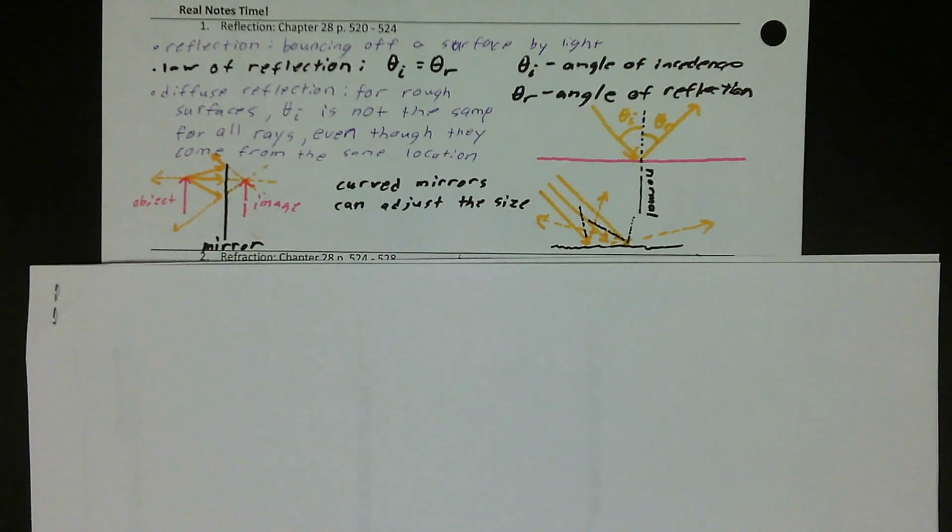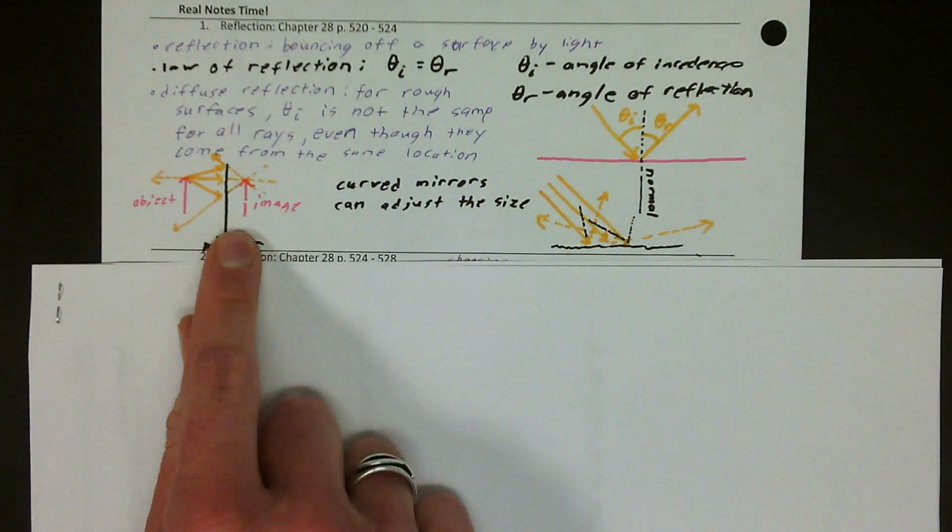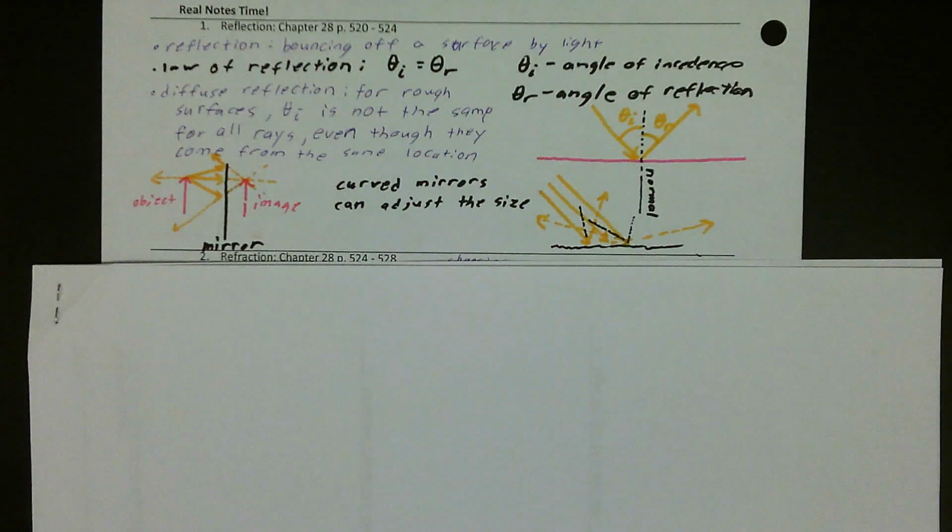And the last thing I wanted to show you was this diagram of how images form in mirrors. Basically, light goes in all directions from the object, but when it hits the mirror, it follows the law of reflection.